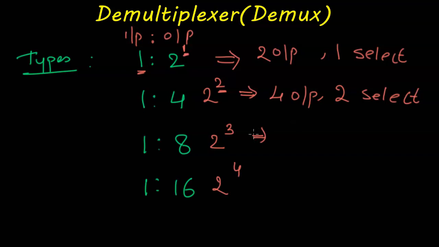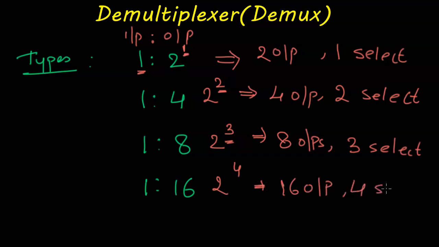In this situation again, we have 8 outputs and 3 select lines. And in this we have 16 outputs and 4 select lines. But the number of inputs is always 1, and there we have it.